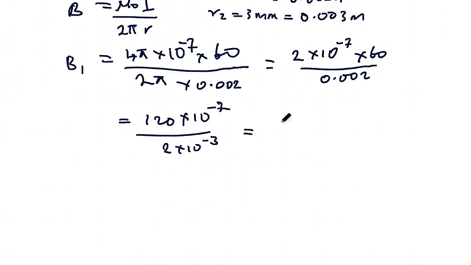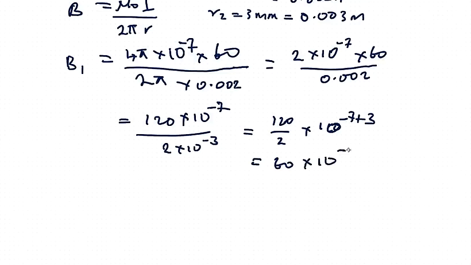This equals 120 divided by 2 multiplied by 10 to the power minus 7 plus 3, which is 60 times 10 to the power minus 4, and this is 6 times 10 to the power minus 3 Tesla. We can as well convert it to 6 millitesla.